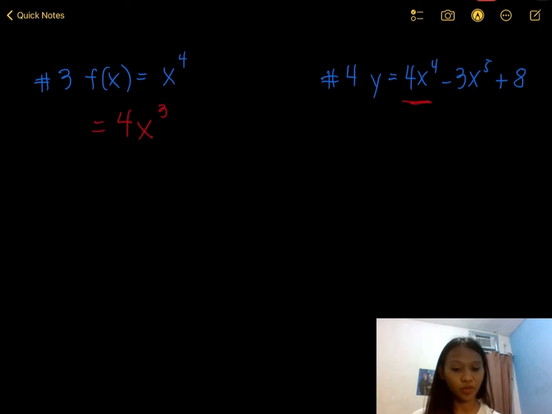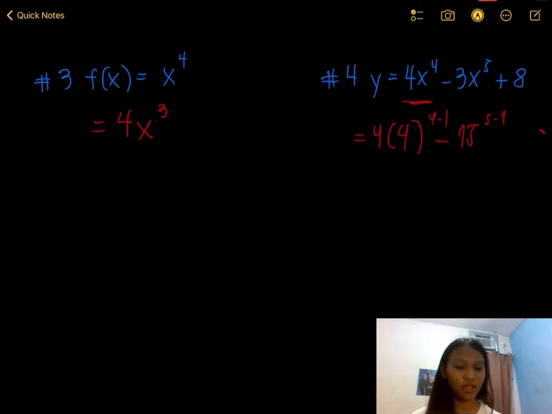So 4 times 4, and then subtract 1 from the exponent. So 4 minus 1. And then for the 3x to the power of 5, 5 times 3, 15. And then subtract 1 from the exponent 5, so 5 minus 1.